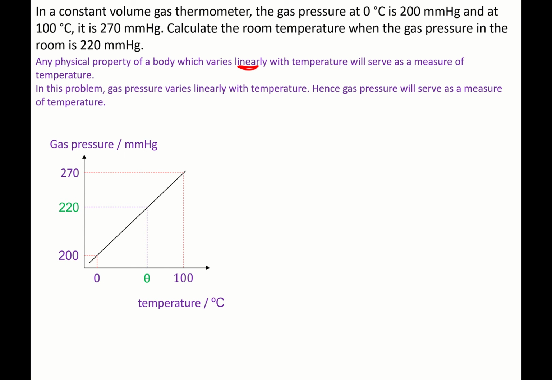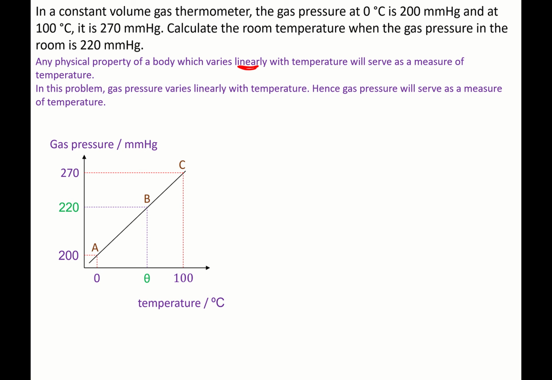Never mind if it's not accurate. We are not going to mark for accuracy, so not to worry about this. So once you put 220 somewhere in between 200 and 270, by drawing a dotted line across to the graph, you'll find that your theta lies between 0 and 100 degrees Celsius. And we're going to label these three coordinates A, B, and C.